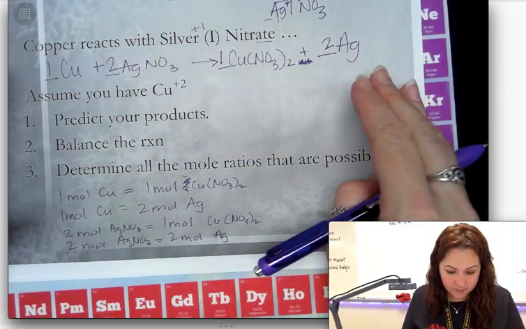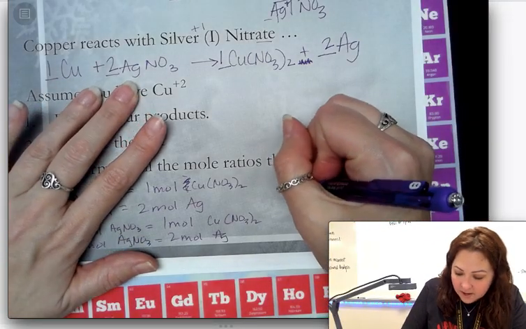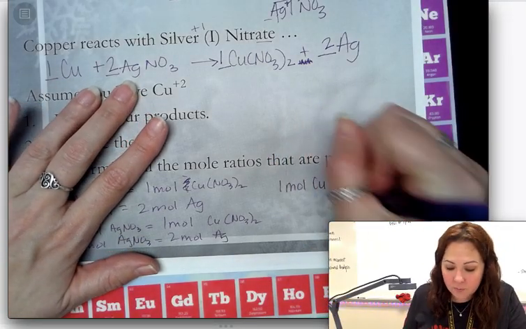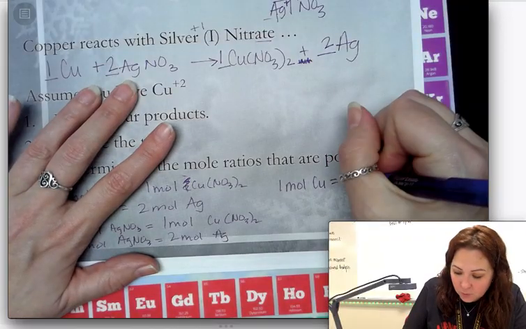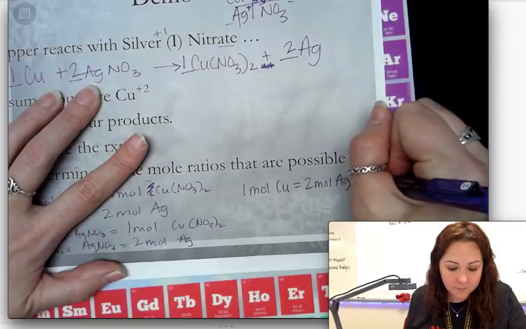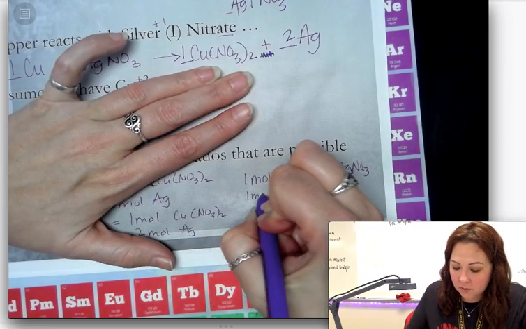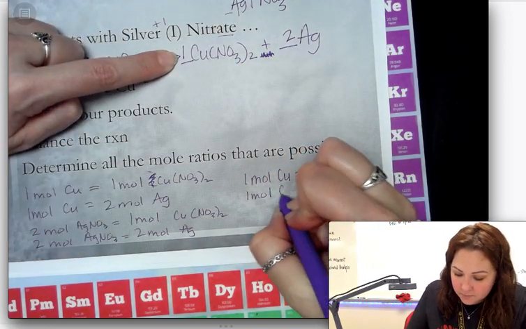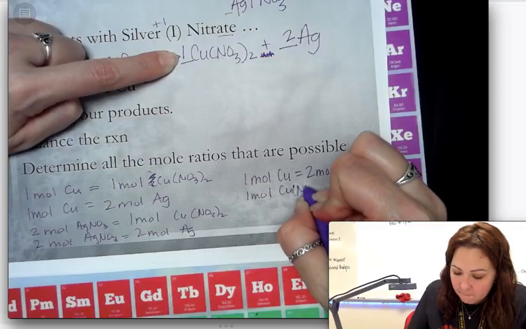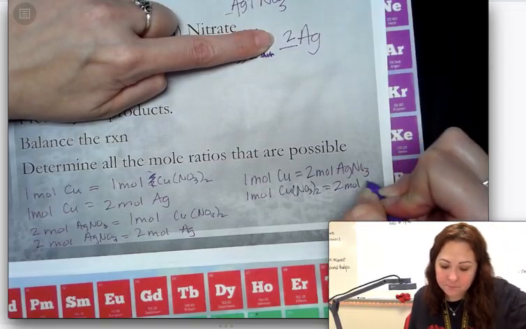I don't have any other combinations there, but I do have one here where I have 1 mole of copper. And if I have 1 mole of copper, I have to have 2 moles of AgNO3, silver 1 nitrate. Looking at just my products, for my 1 mole of Cu(NO3)2, I have 2 moles of silver.